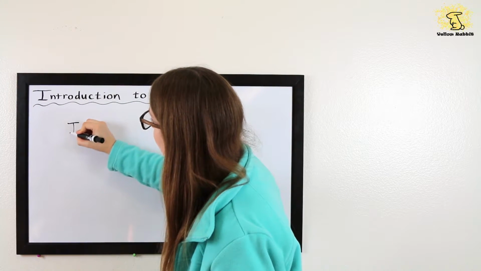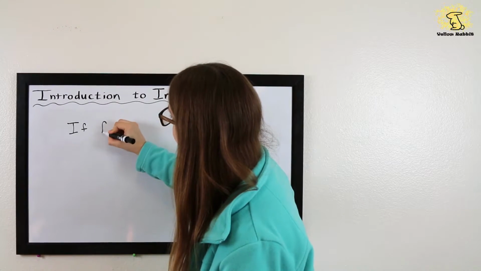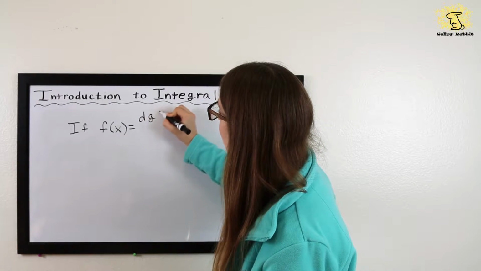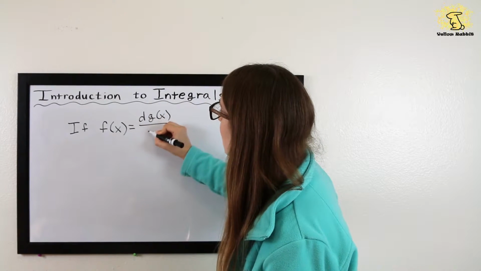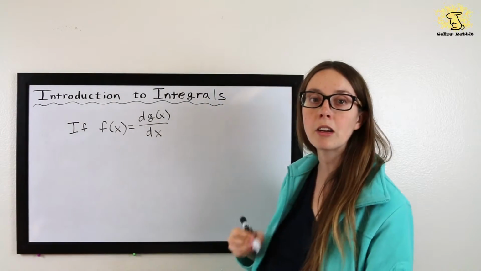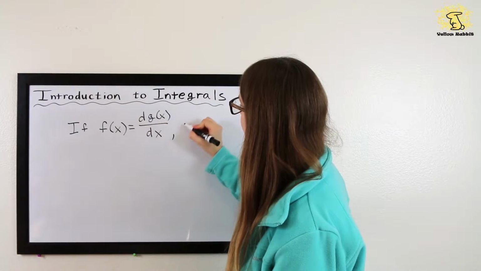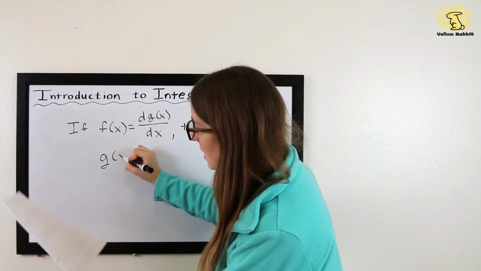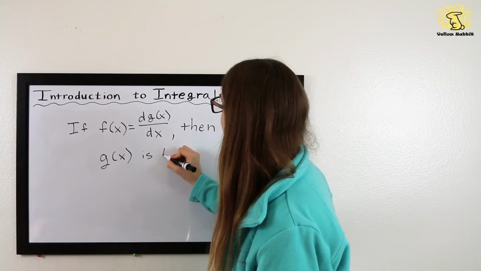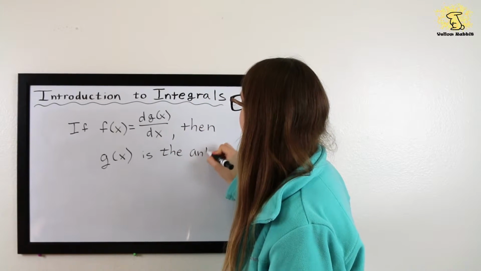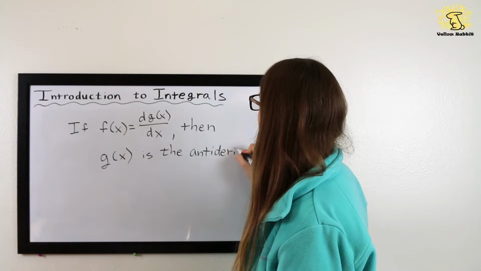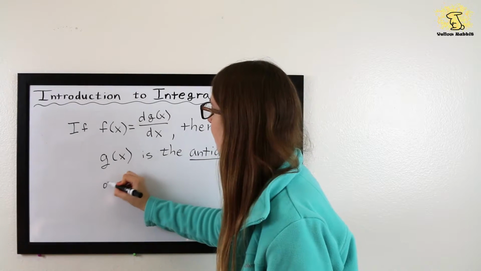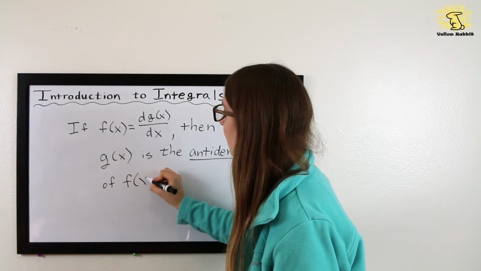If the function f of x is equal to the derivative of some other function with respect to x, let's just call that other function g of x, then that other function g of x is the antiderivative of f of x.